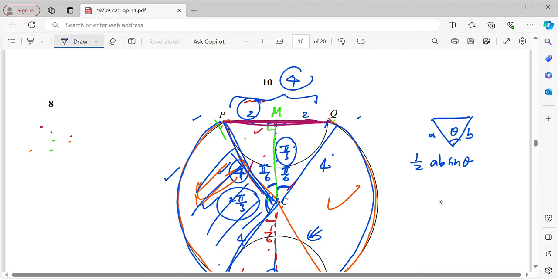Okay, the sector is supposed to be here. Okay, so here when you refer to this, it's supposed to be like this. Right, my diagram is not very accurate.